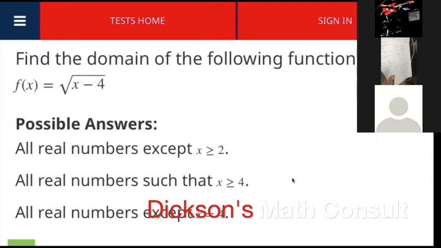And then the second one, all real numbers such that x is greater than or equal to 4. Once x is greater than or equal to 4, then you are eventually going to have a positive value.